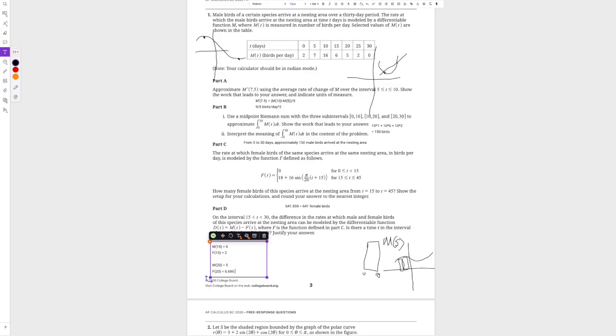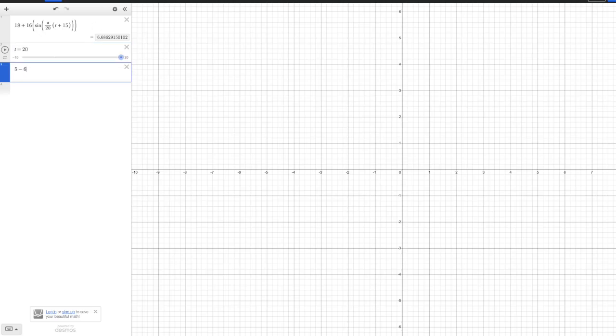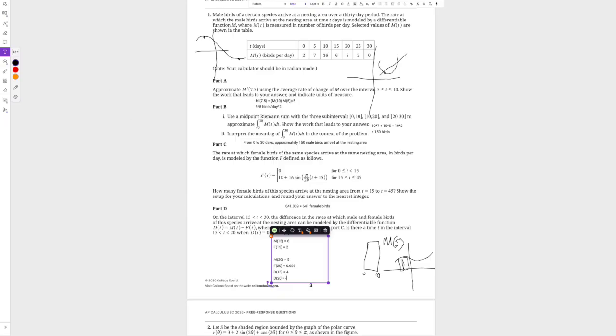D of 15 is equal to m of 15 minus f of 15, which is 4. D of 20 is going to be equal to 5 minus 6.686, which is equal to negative 1.686.